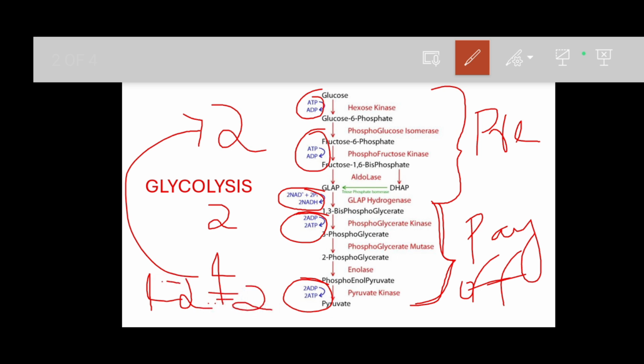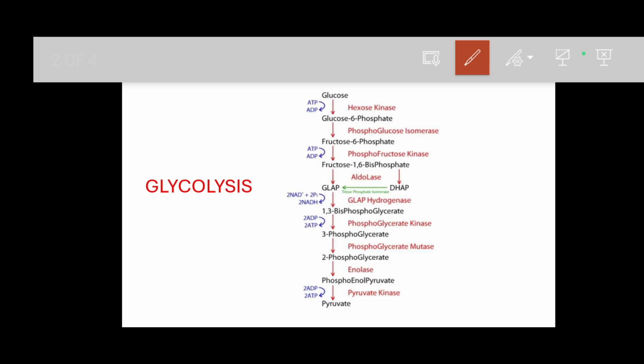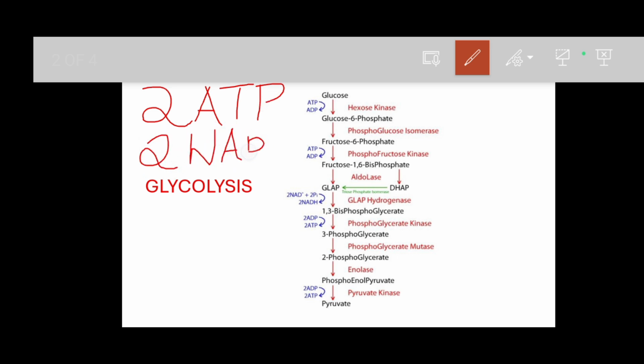The net ATP gain will be 2 ATP and the net NADH gain will be 2 NADH. So the bioenergetics, or the energy gain in this process, is 2 ATP and 2 NADH. So these are the steps and energy gain of glycolysis.